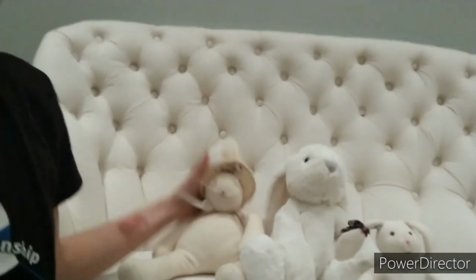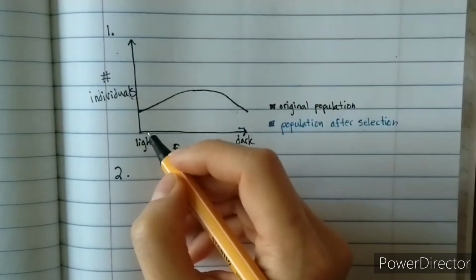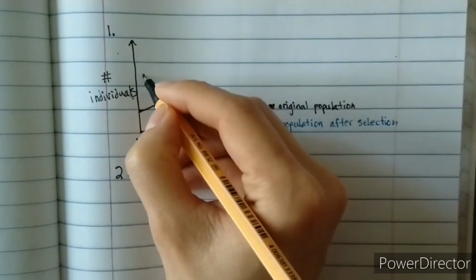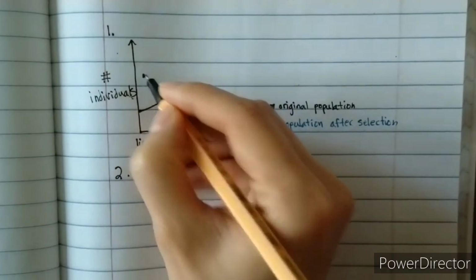Let's discuss what this looks like on our graph. So I'm going to choose a different color to represent my population after the selection. If we remember, the dark bunnies were not able to camouflage, so they were quickly weeded out. They were not fit. However, light bunnies were considered more fit in this scenario, and my number of individuals for light bunnies by the end of several generations would have increased dramatically.